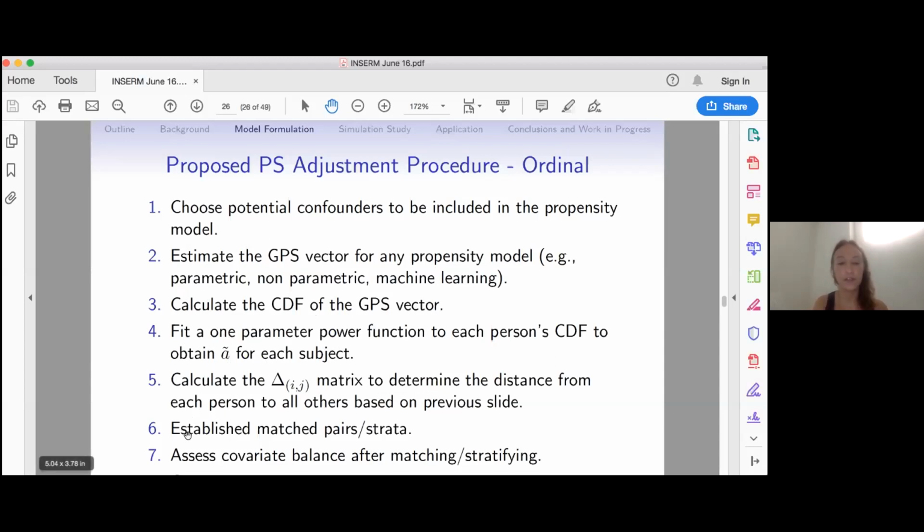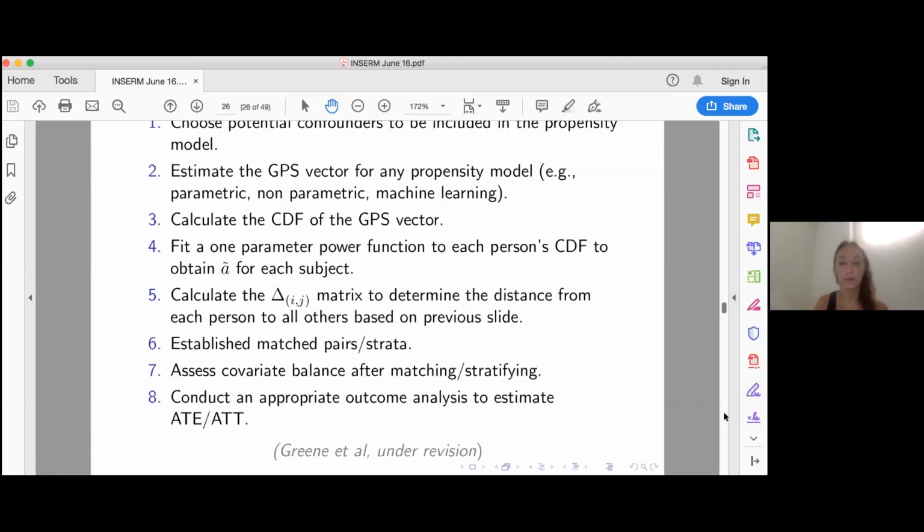Once you have the distance matrix, you can either match pairs or you can stratify patients. Of course, as always, part of propensity scoring procedure, you assess covariate balance after matching or stratifying. Oh, and step 8, conduct an appropriate outcome analysis, accounting for your matching and stratification. Okay, so a logistic regression with a random effect for pair is one example.